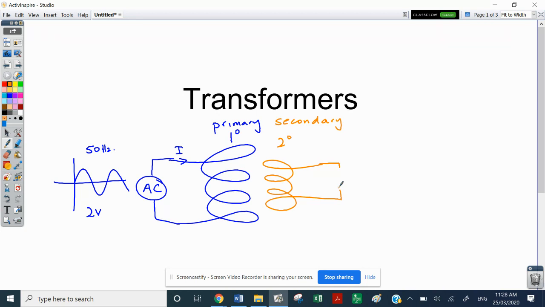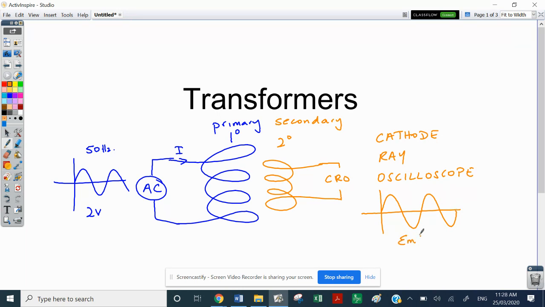So our voltmeter had to be a special voltmeter called a CRO, which is a cathode ray oscilloscope. That cathode ray oscilloscope was able to measure a voltage by making it into a graph on a screen, and this measured the EMF that was generated in the secondary coil every second.